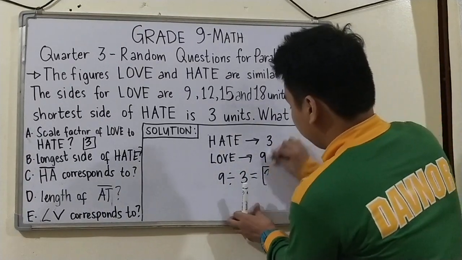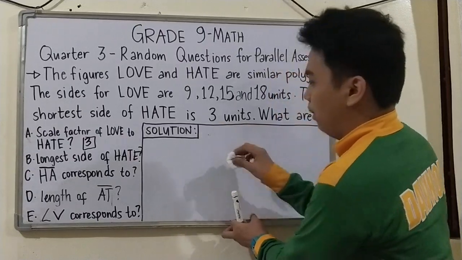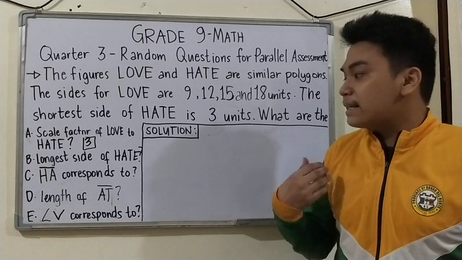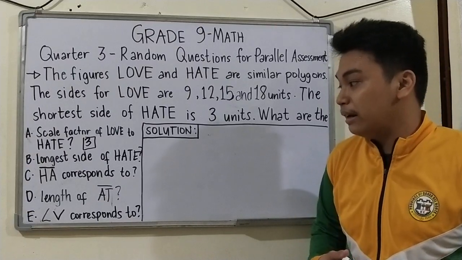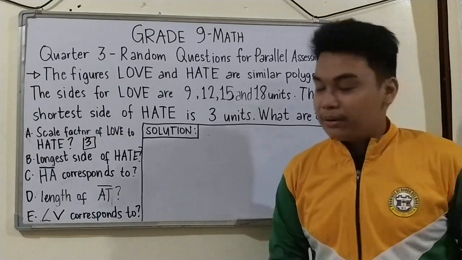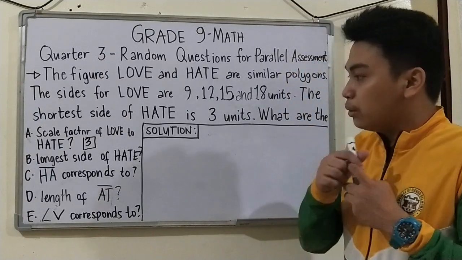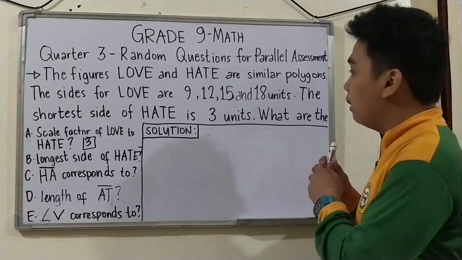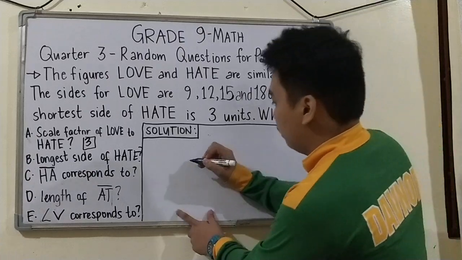So let's erase this first. What is the longest side of the polygon hate? The first thing that we are going to do is draw the polygon love and the polygon hate.